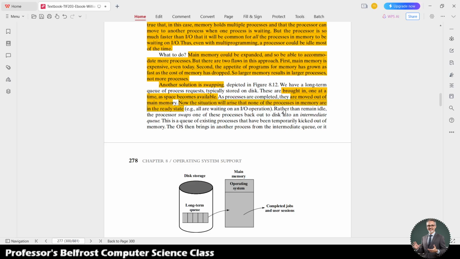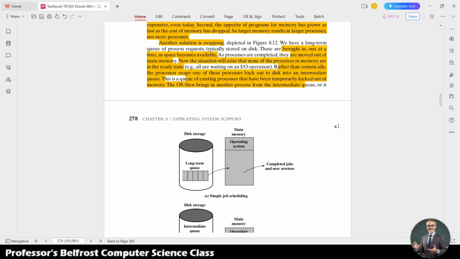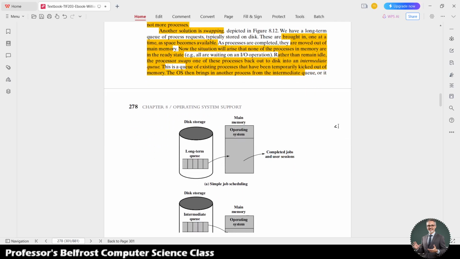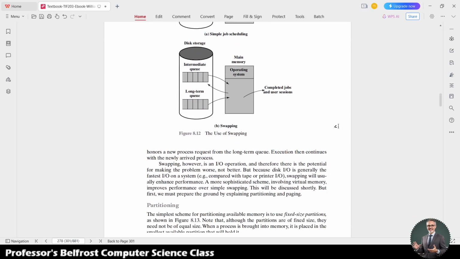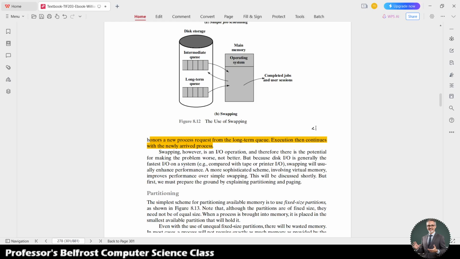Rather than remain idle, the processor swaps one of the processes back out to an intermediate queue. This is a queue of existing processes that have been temporarily kicked out of memory. The OS then brings in another process from the intermediate queue, or it honors a new process request from the long-term queue, and execution continues with the newly arrived process.